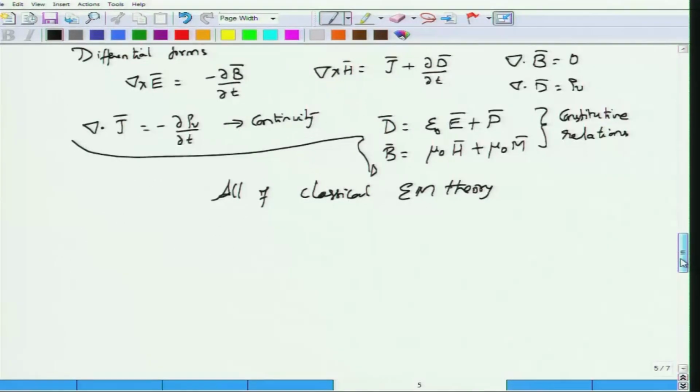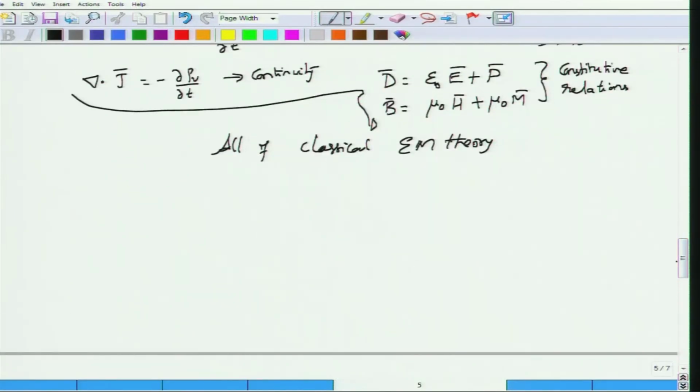There is one additional form of these equations which is useful for us. And this additional form results when we assume the time variations of the fields in the form of a phasor. What do I mean by that?